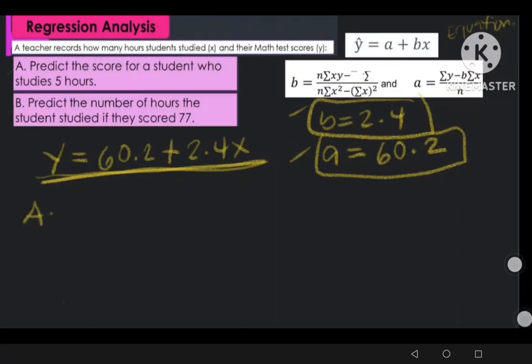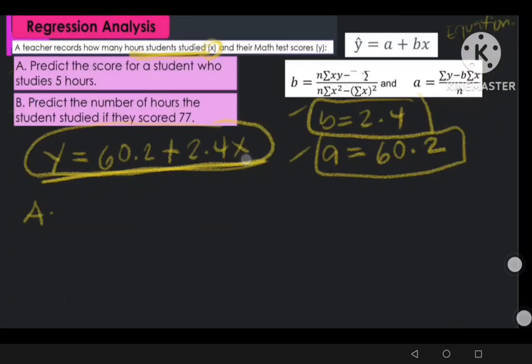Letter A. Predict the score for a student who studies 5 hours. Remember, if you can recall the given hours in our table, hours represents x. Right? x is the number of hours. You can see here, hours represents x. Since in our equation, x represents the hours, that x there, we will replace with 5.